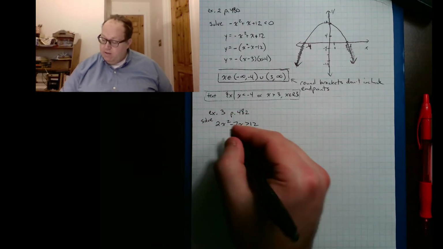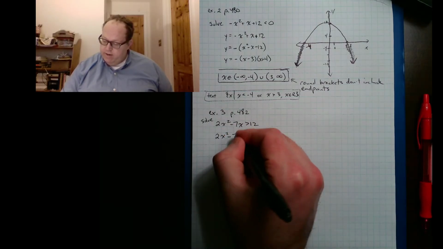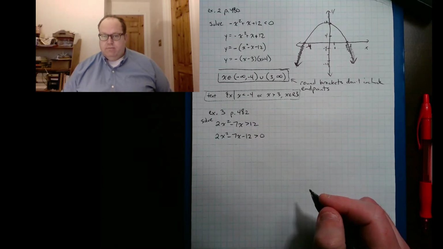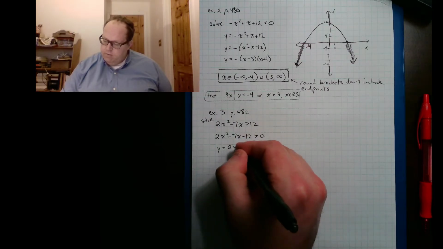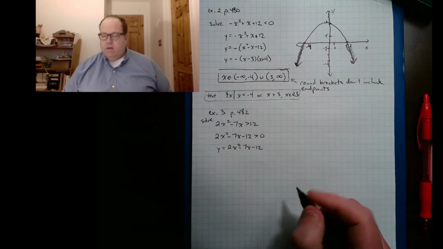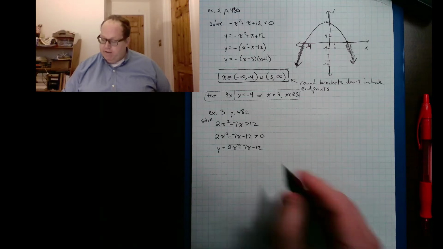So I'm going to make that look like a quadratic we're used to dealing with: 2x squared minus 7x minus 12 is greater than 0, which means I want to try to graph y equals 2x squared minus 7x minus 12.